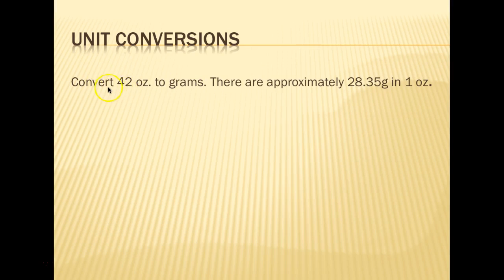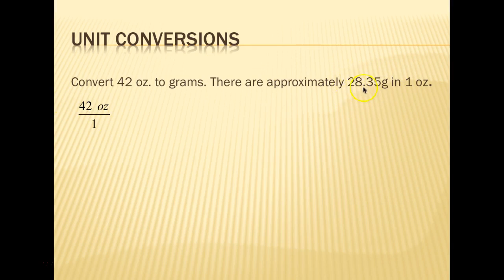Let's do another one. 42 ounces to grams. So convert 42 ounces to grams. And I gave you the unit conversion here. First thing, step 1, write down what you know as a fraction. 42 ounces over 1. Second, multiply this fraction by this unit fraction.